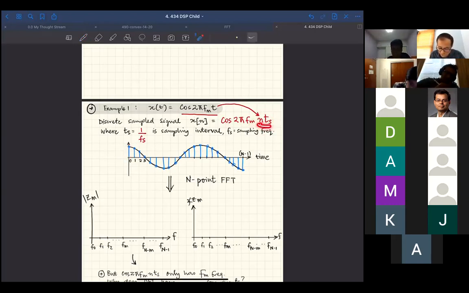When n is 1, this is Ts, so that is cos 2 pi Fm Ts, which gives me this value. So this is x0, x1, x2, and so on, just the way we modeled things the first time. This is basically Ts, which is 1 by Fs.